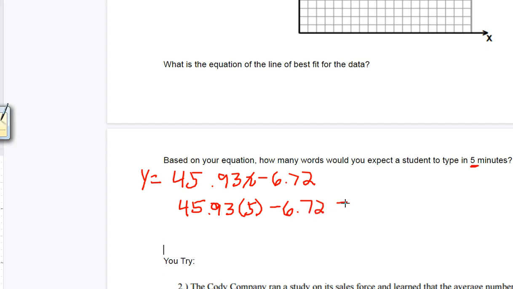And that gives me exactly 222.93 words. I'd say that's about 223 words. So you can use that equation to predict how many words that student would type in 5 minutes. Okay, let's take a look at another example.